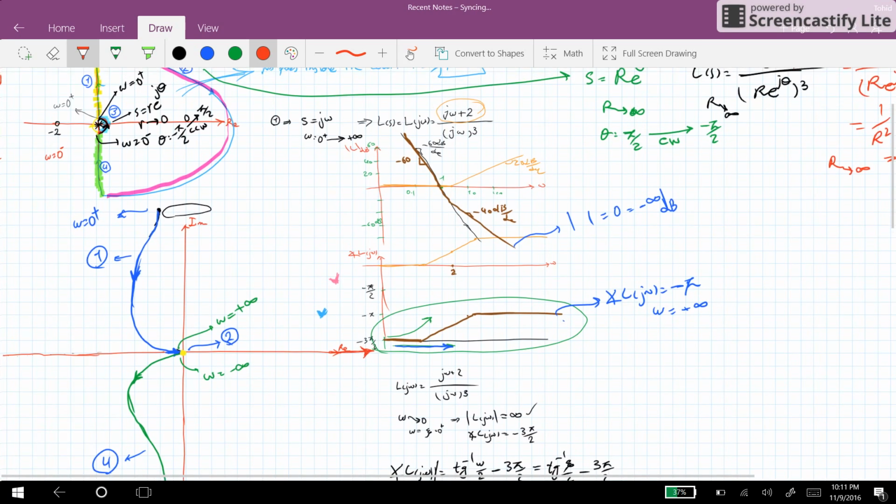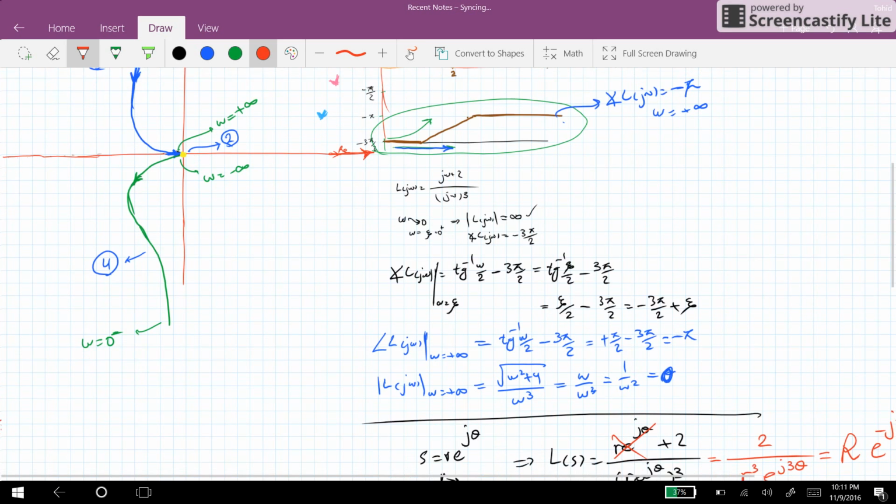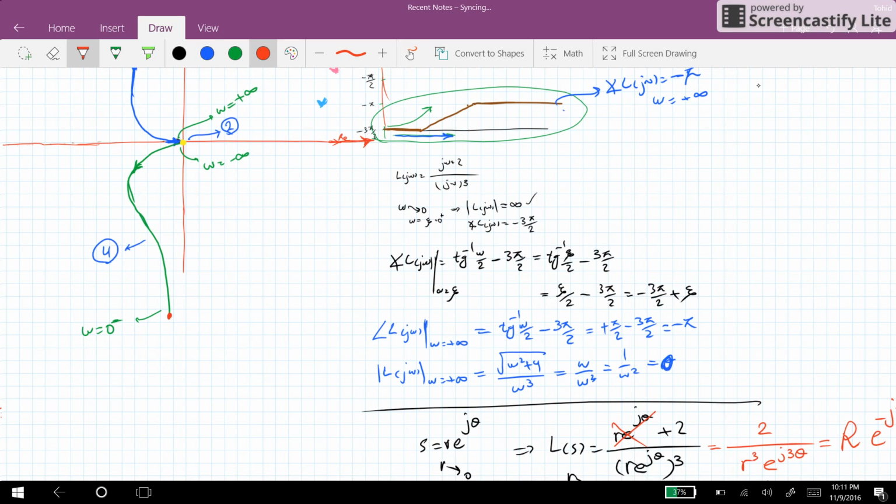And one other point is that we will start from omega equal to 0 minus. So the connecting point will be this point, because our Nyquist plot will be a continuous plot.